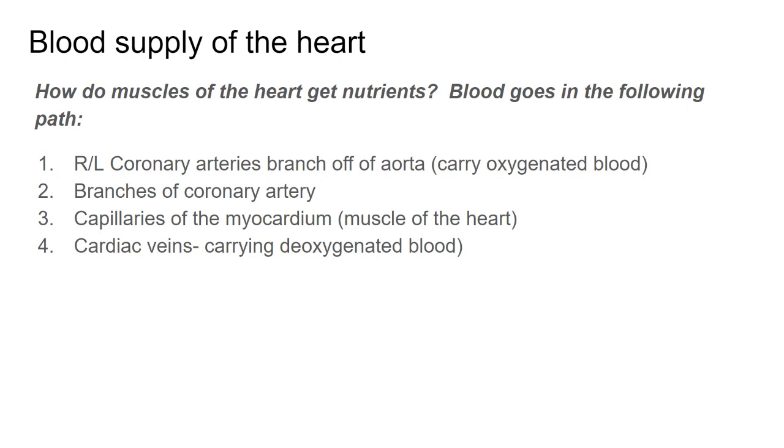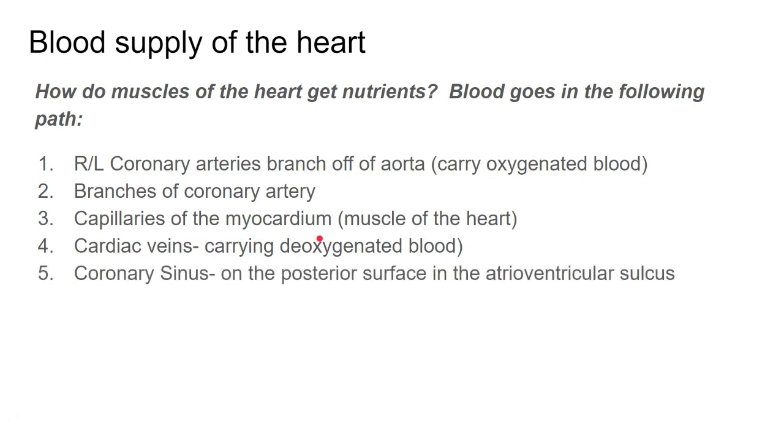And then finally, after the capillaries, we're going to start returning deoxygenated blood back to the right atrium. Okay, so that starts with the cardiac veins. So think of the first two steps as taking oxygenated blood away from the aorta into the coronary arteries. And then finally, we're starting to bring deoxygenated blood at number 4 back to the right atrium. So we have cardiac veins.